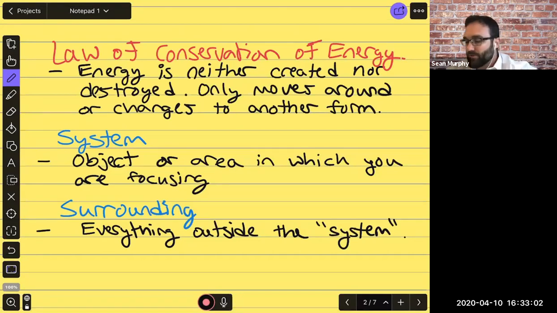Okay, perfect. One thing to note is that I can't measure the system directly with the thermometer. So what we're going to be focusing on mostly is measuring the surroundings.